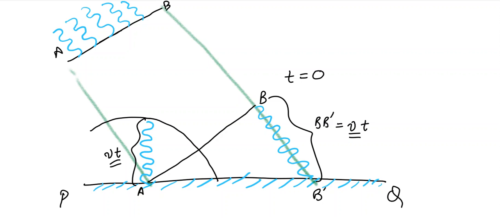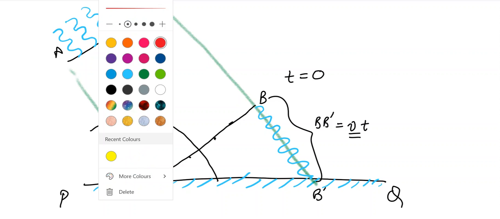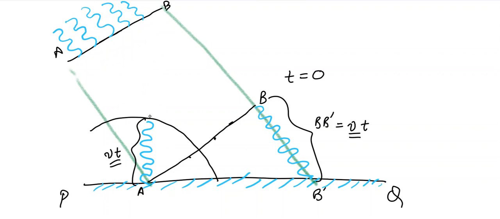Not only that, if you consider some point here or here or here, you will get a similar distance traveled, and then if I join the tangents to these secondary wavelets, this is the secondary wavelet of B, this circle is the secondary wavelet of A. So if I join the tangent to this, I get a secondary surface.